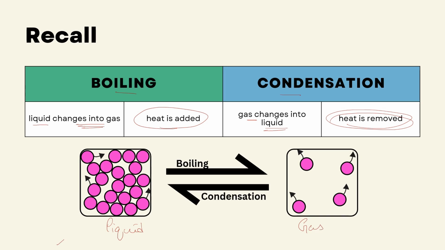When we give energy to liquid, it boils and forms gas. When we take energy from gas, condensation occurs and it turns into liquid. It is a reversible process.